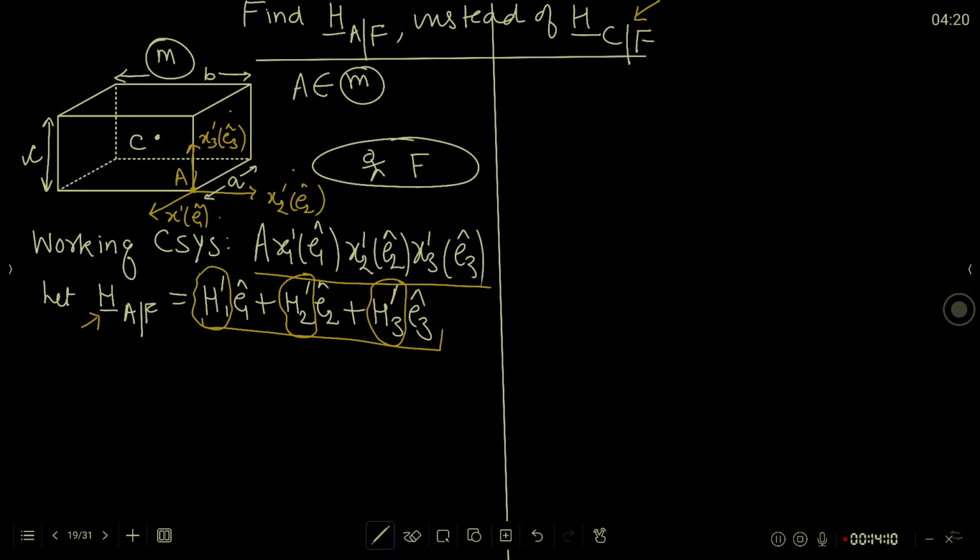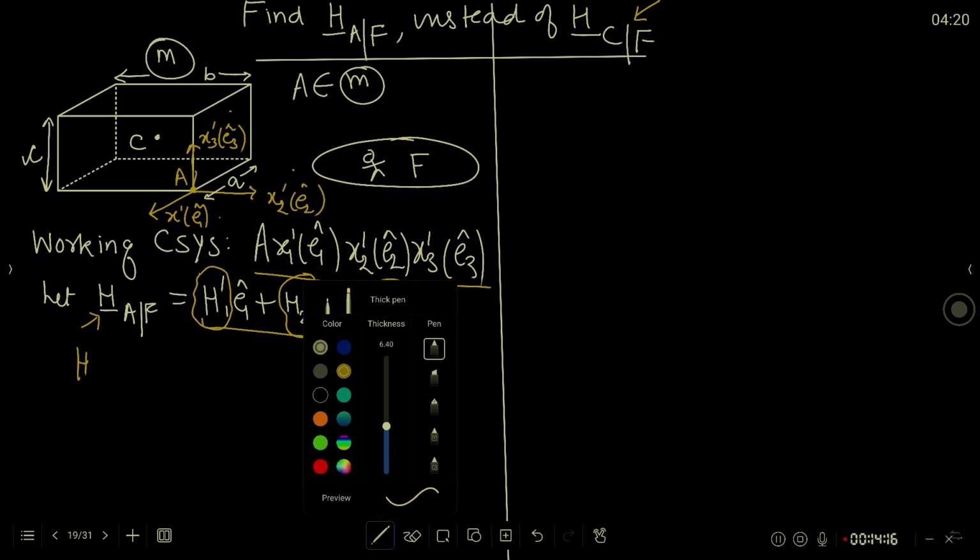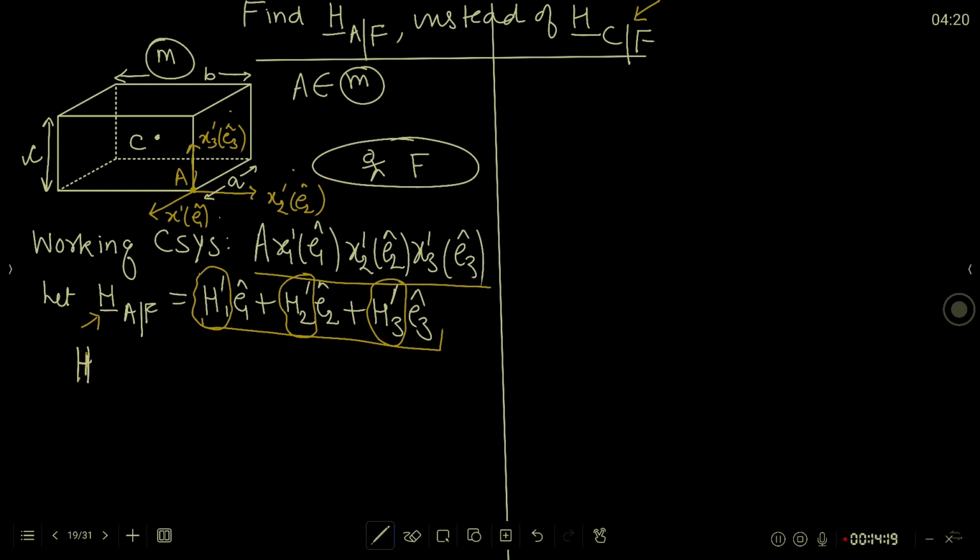Now, how would these three scalar components be found, based on whatever we have done so far? I'm going to use the compact matrix form.